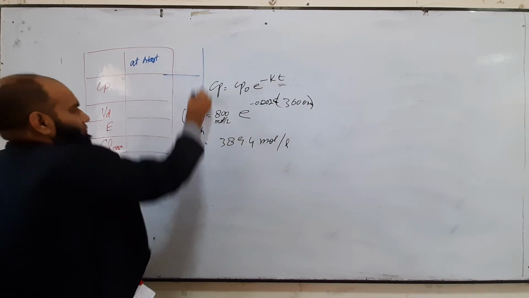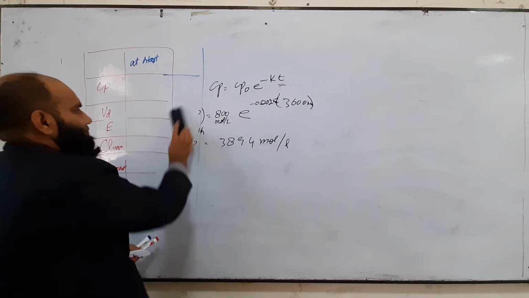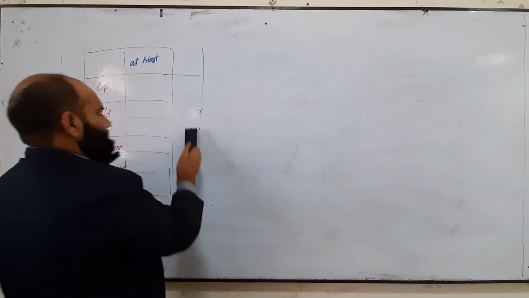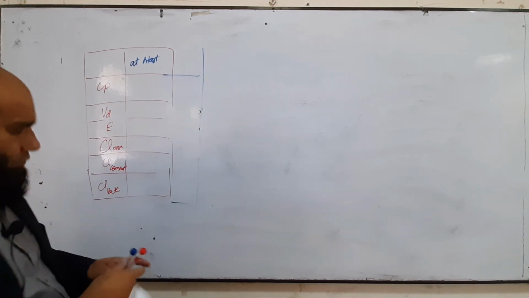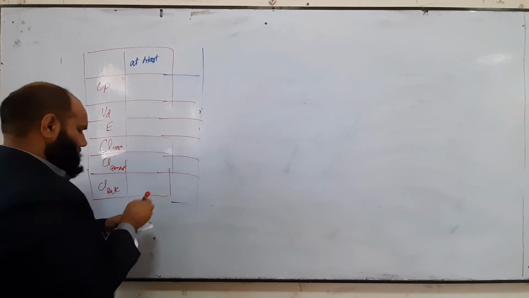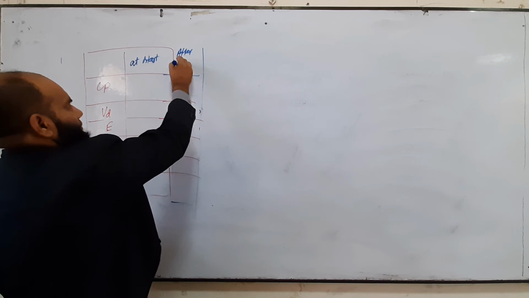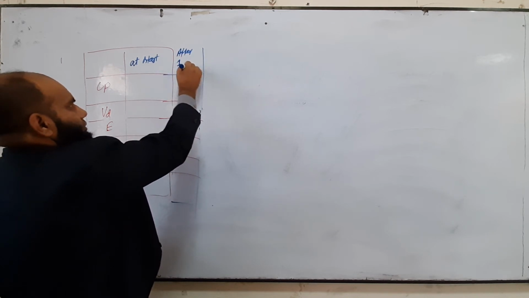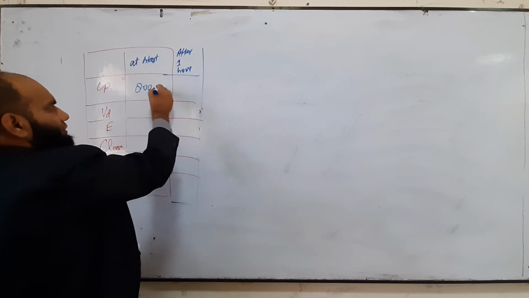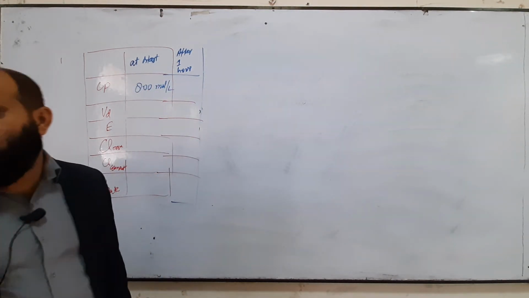And now what we are calculating after 1 hour. First of all, Cp was 800 molecules per liter, which we already calculated at the start.